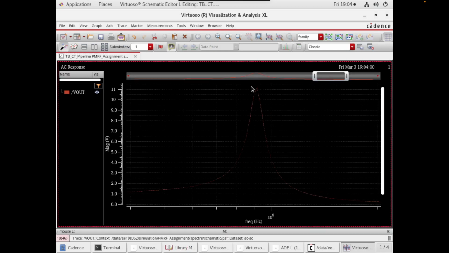So in this case, you can see the Q enhancement clearly. So where should it go? So from 100 megahertz into 10, just a minute.